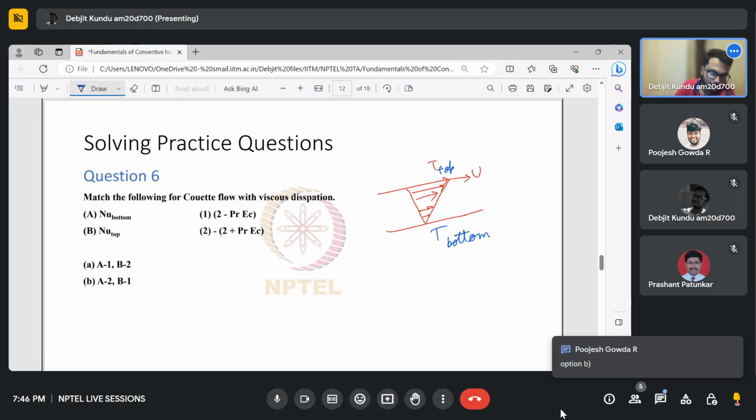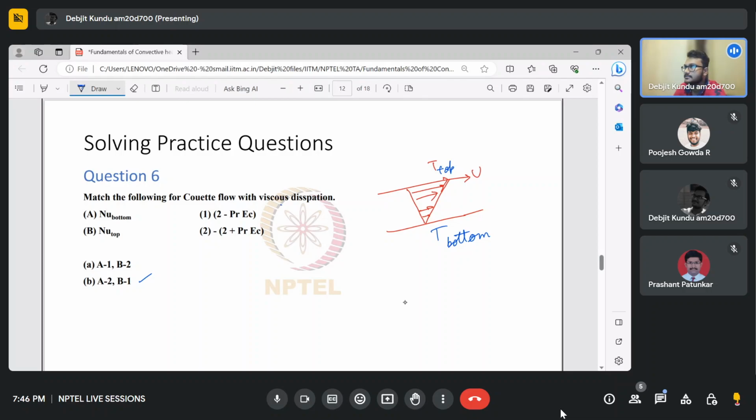We have one answer in favor of option B. See what others have to say. So there are these two expressions for Nusselt number at the bottom wall and Nusselt number at the top wall. You have to match them with the correct expressions. There is 1 and 2. One says 2 minus Brinkman number.